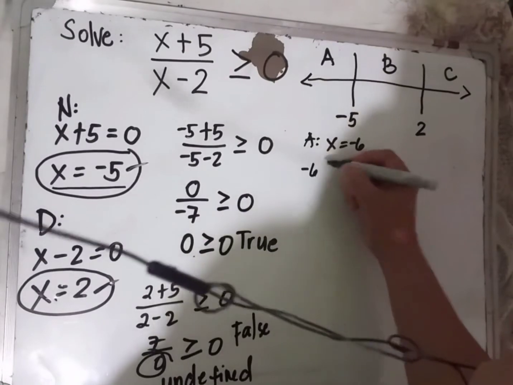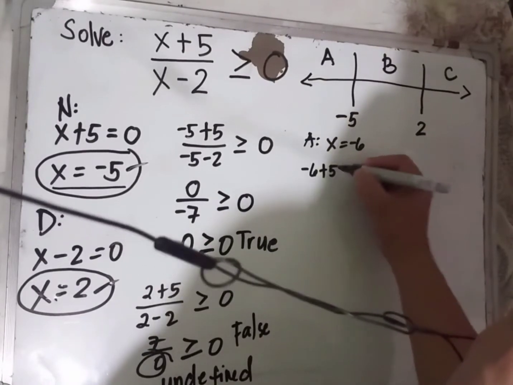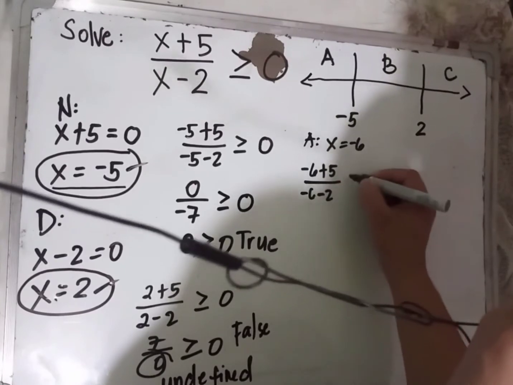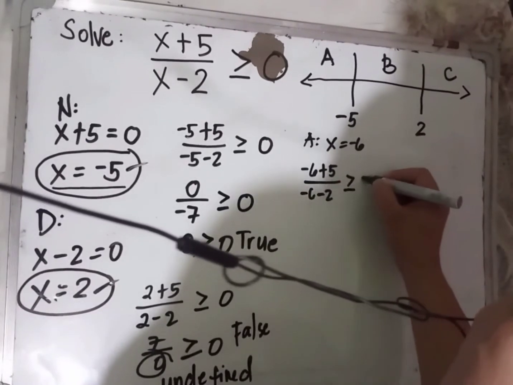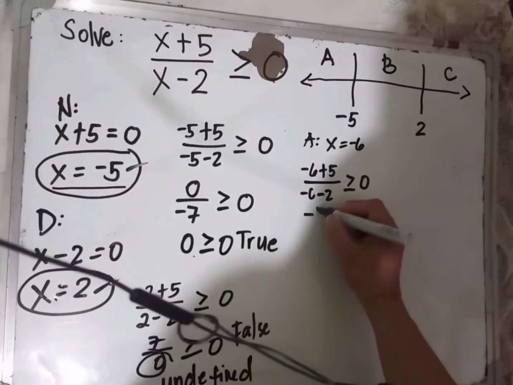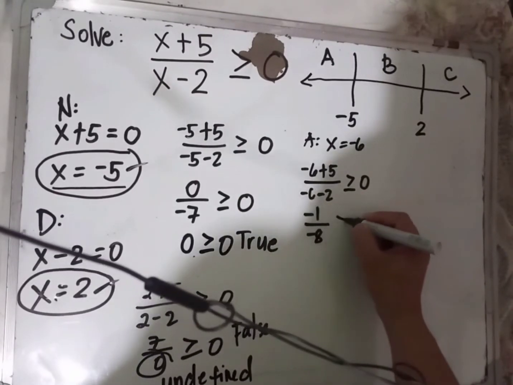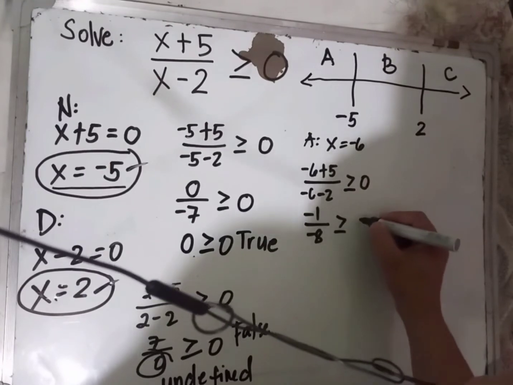So, negative 6 plus 5 over negative 6 minus 2 greater than or equal to 0. So, this is negative 1 over negative 8 is greater than or equal to 0.